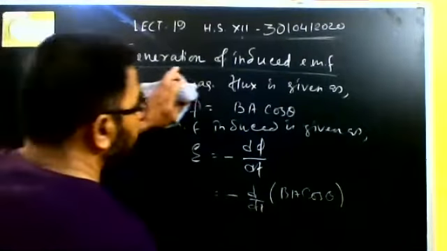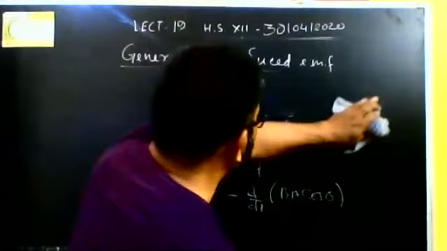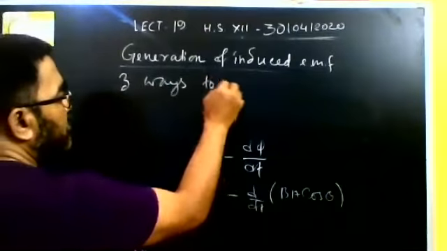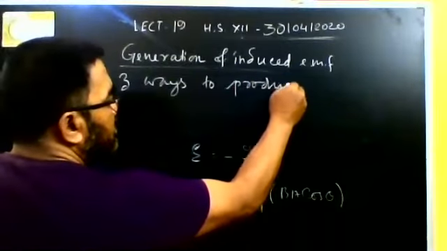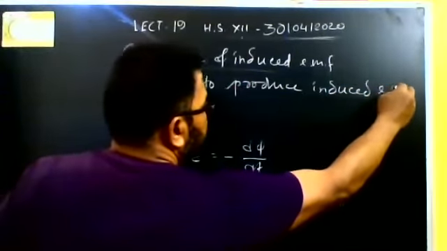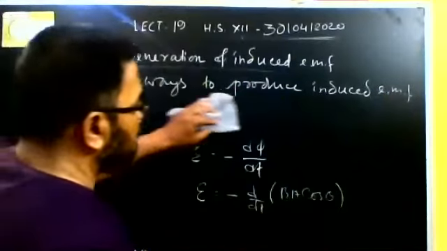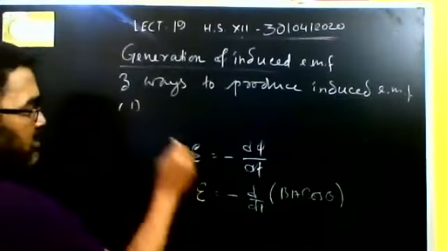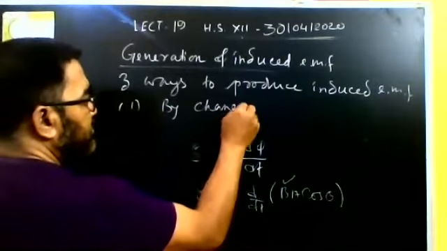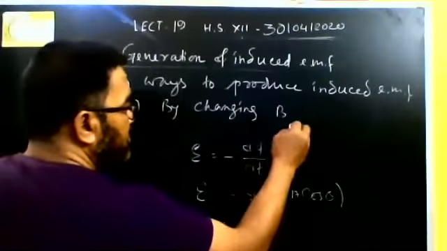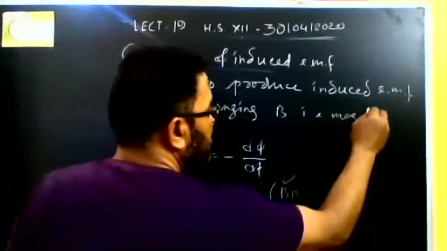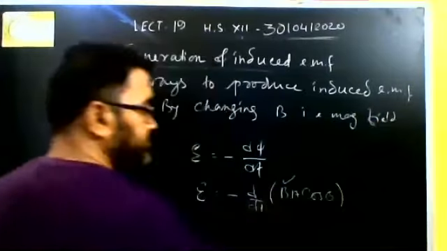Three ways to produce induced EMF. Number one, by changing B, that is the magnetic field strength.